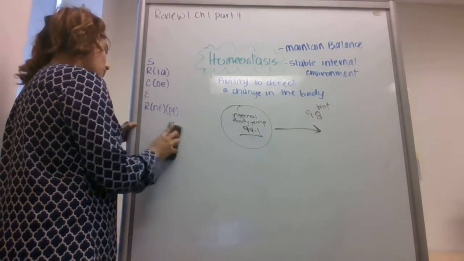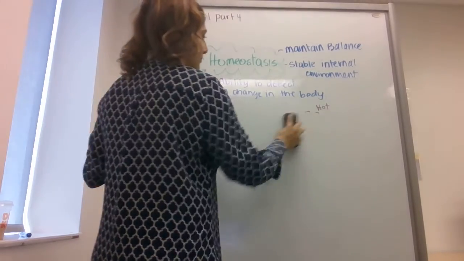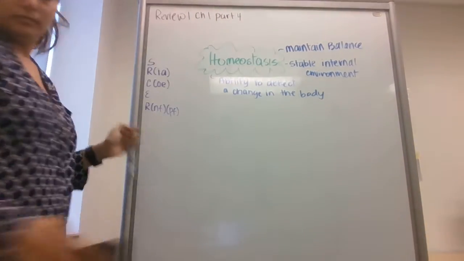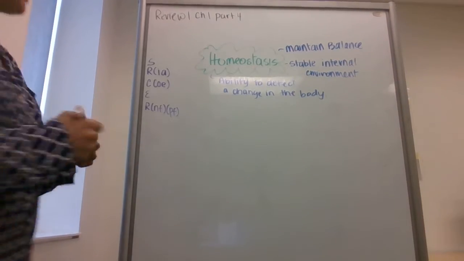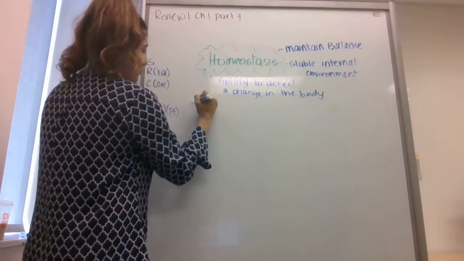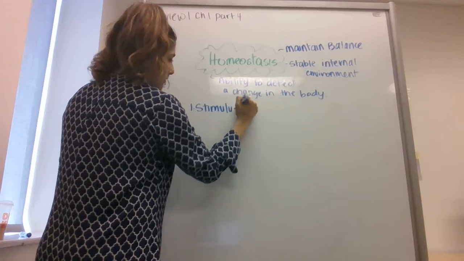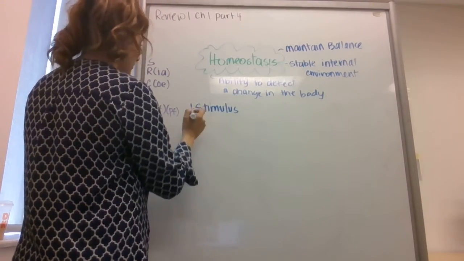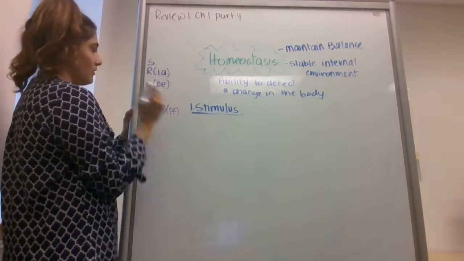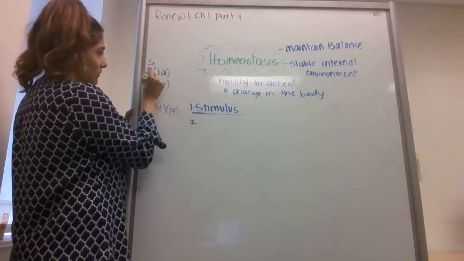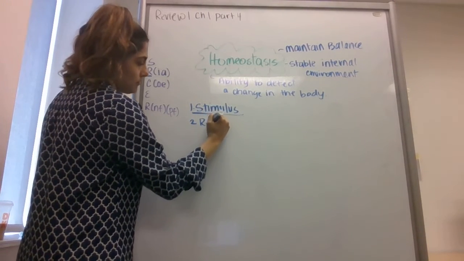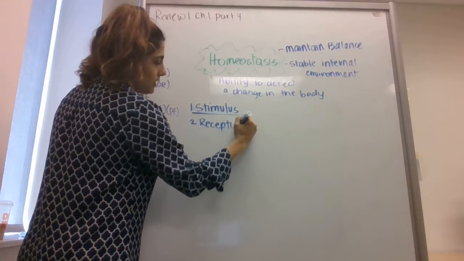How does it bring it back to normal? Through 5 steps. And that's where this checklist comes in handy. The first step is stimulus. The second is receptors.